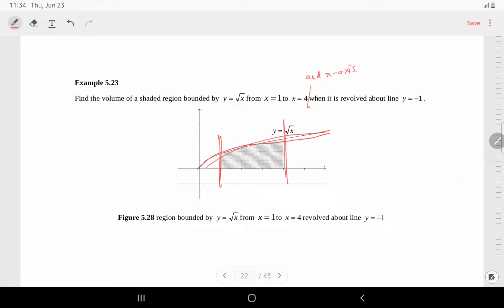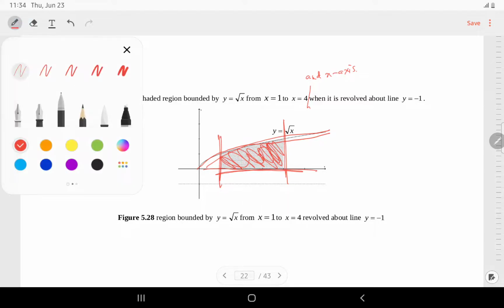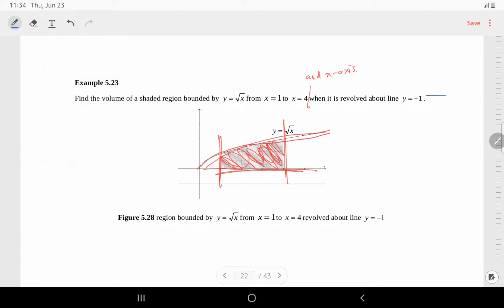Okay, so dia bounded juga dengan x axis. So mana shaded region dia? Di sini. So shaded region ni kita nak pusing 360 degree dekat paksi. Paksi mana? Okay, paksi dia dekat line y equal negative 1. So negative 1 kat sini, y equal to negative 1 adalah horizontal line kat sini. So horizontal line ni belah bawah shaded region.